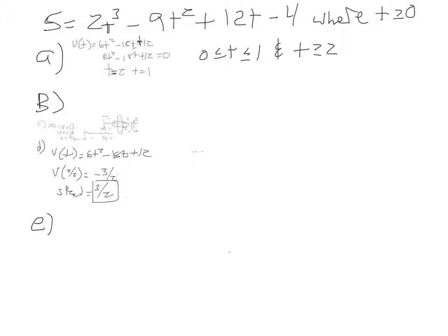And from 3 to 4 seconds, we went 5 minus 28, and I get 23. In 4 seconds, this particle has traveled, going left and right, 34 units.